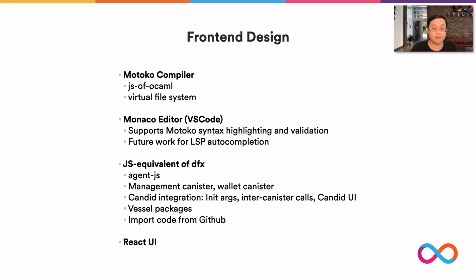The second part we have is the Motoko editor, which is the editor used by VS Code. We support Motoko syntax highlighting and validation. The future work is to incorporate the language server protocol so that we can do auto-completion for Motoko code as well.